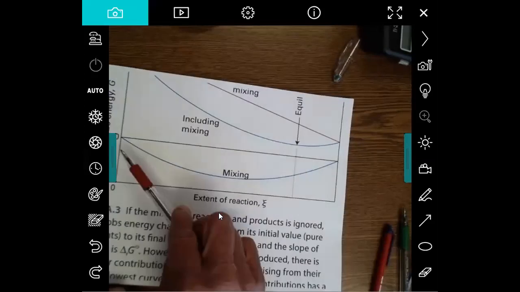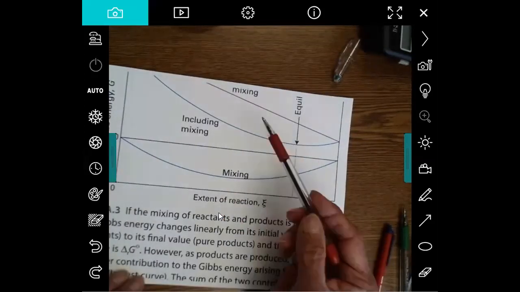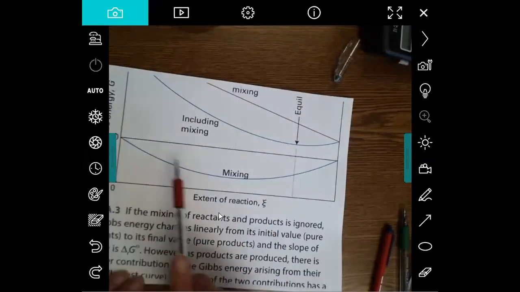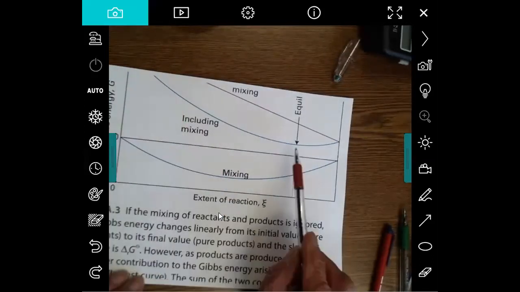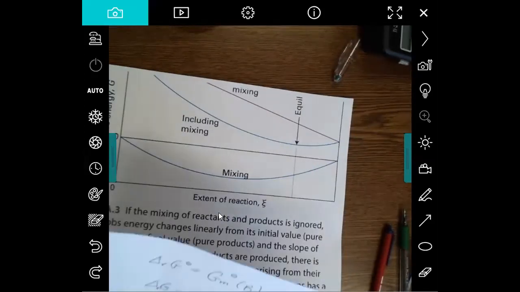So the mixing depends on the composition. And when you add that into the picture, you do get a graph where Gibbs free energy with extent of reaction has a minimum in it. And so you could figure out where the minimum is and therefore where equilibrium is.